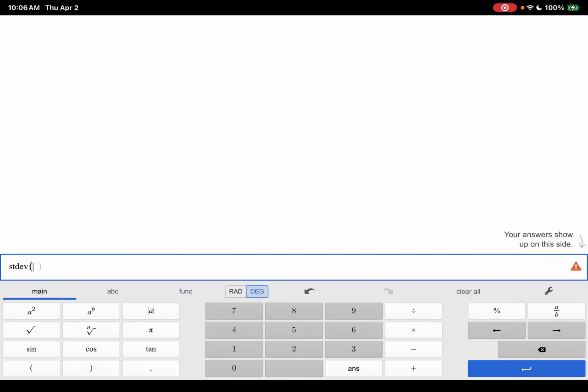But if you do 4, 5, 6, and 7, our standard deviation is 1.29. If you do the list 5, 5, 6, 6, look at how much smaller our standard deviation is. The values haven't strayed much from the average of 5.5.